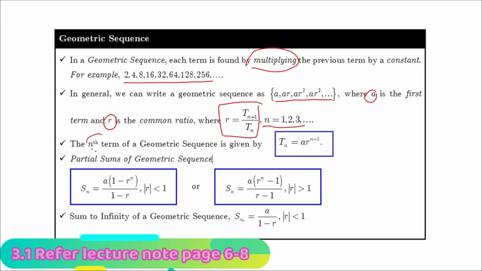The nth term of our GS is given by Tn equals A times R to the power n minus 1. We also have two formulas for partial sums of GS, with R less than 1 or R greater than 1 correspondingly. And in GS, we have the sum to infinity with the formula A over 1 minus R.